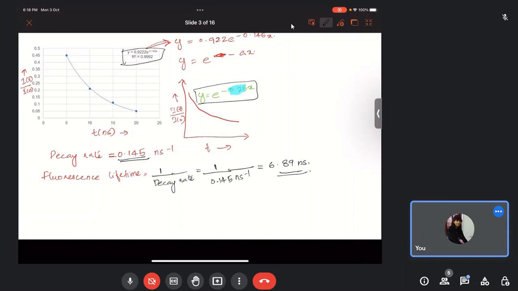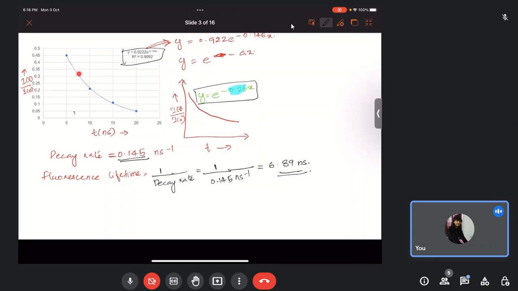Which is sort of true if you look at the plot here. You can see that it starts somewhere at 0.45 and decays to something like 0.045, right?